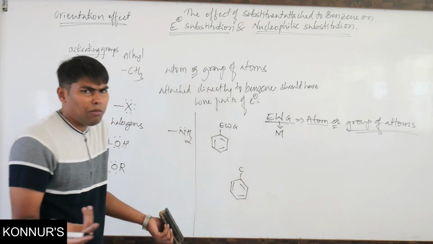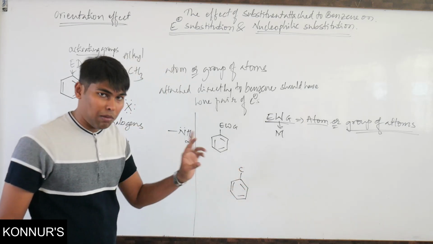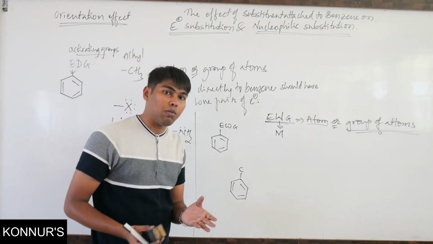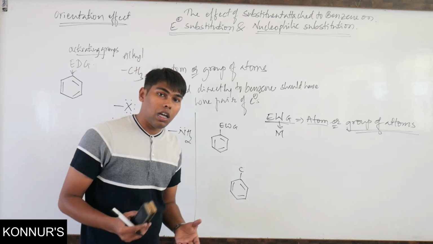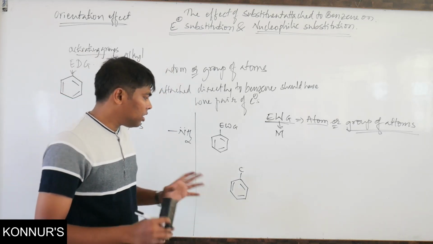We can't have a multiple bond with halogen. A multiple bond with oxygen is possible, a double bond is there. A multiple bond with nitrogen is possible, it contains a triple bond.